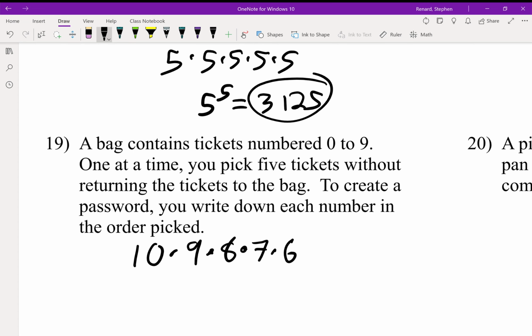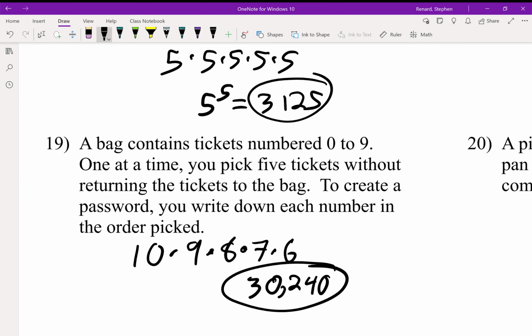So what I do is I go 10 times 9 times 8 times 7 times 6. And just by picking out 5 numbers from a bag randomly, there are 30,240 different password options that I could have.